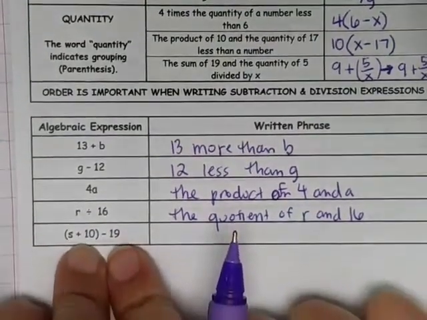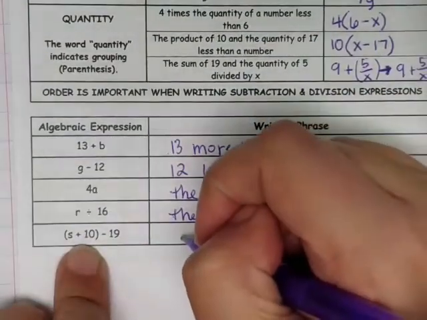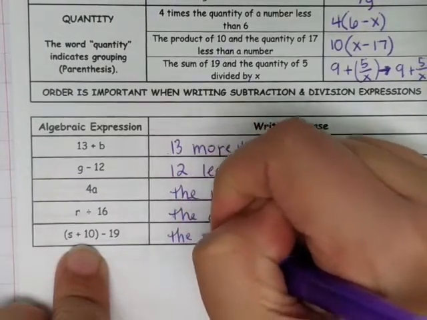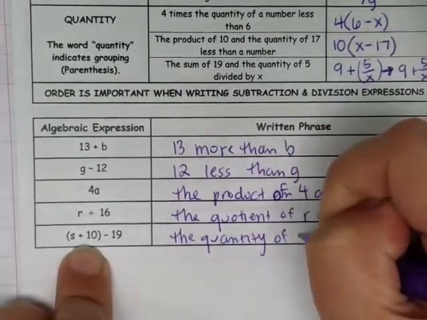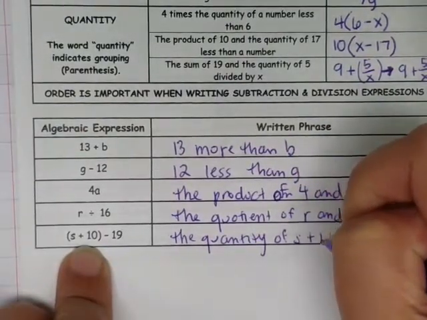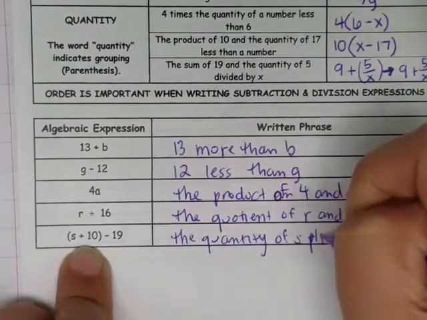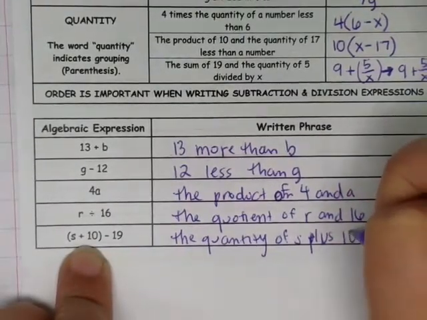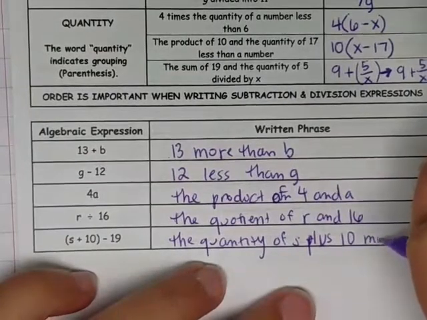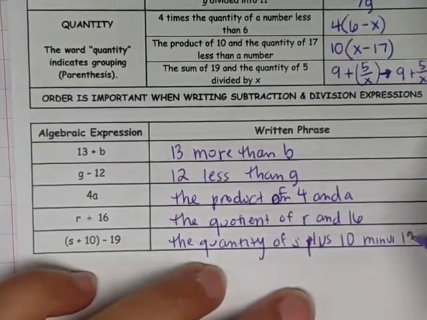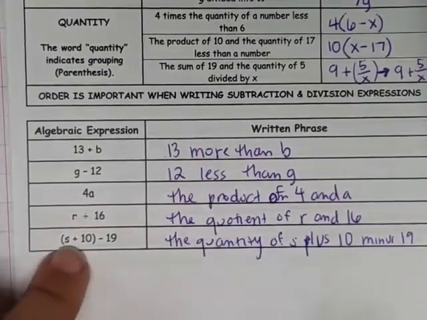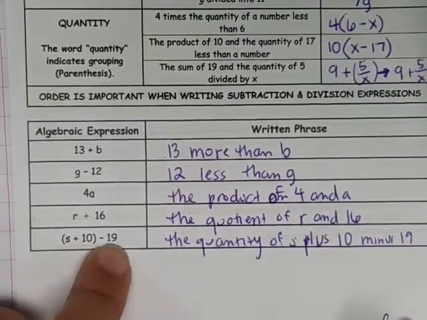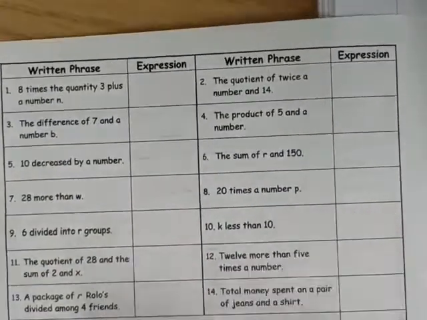And this one, I'm going to say the quantity of s plus 10 minus 19. Okay. If you did something different, if you said the difference of the quantity of s plus 10 and 19, that's fine as well.